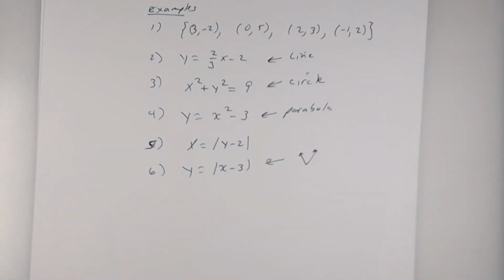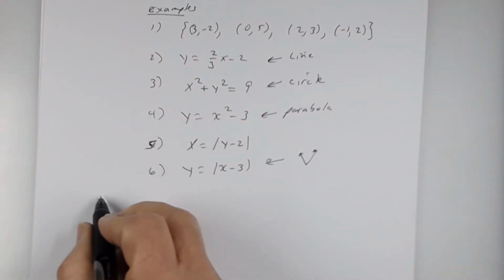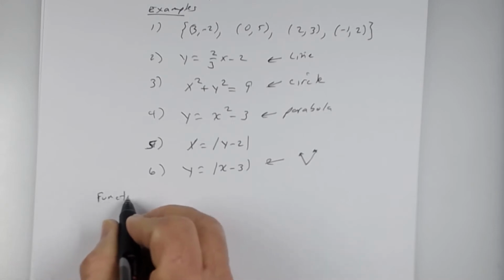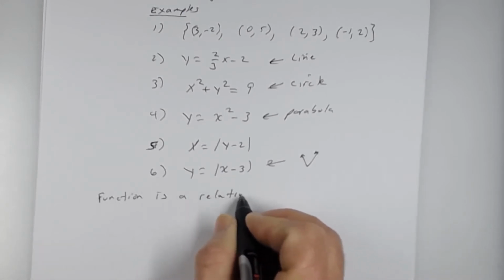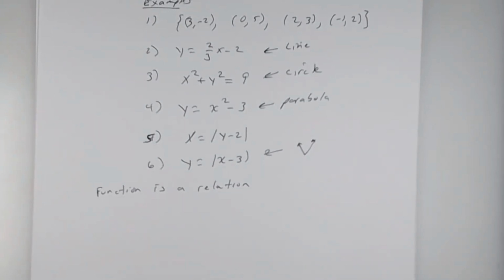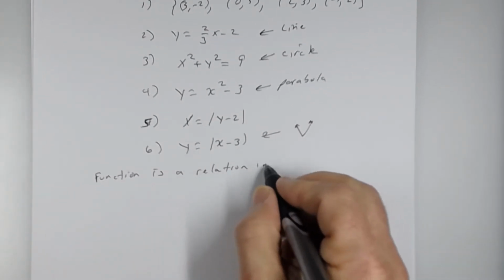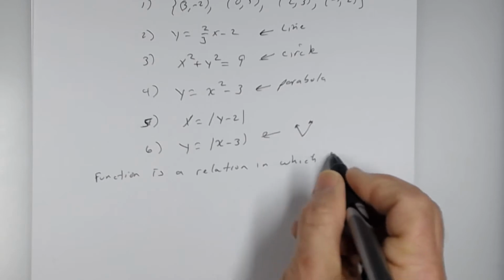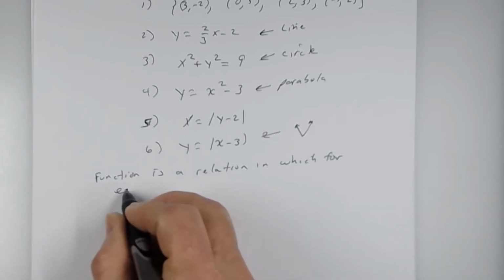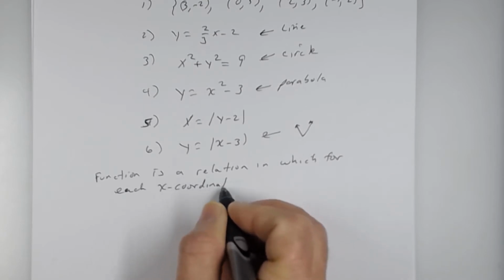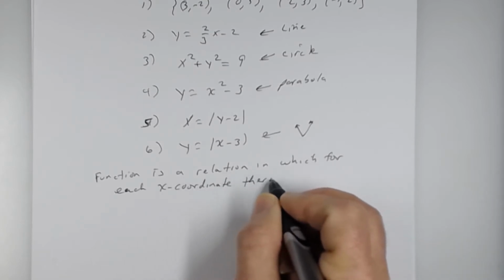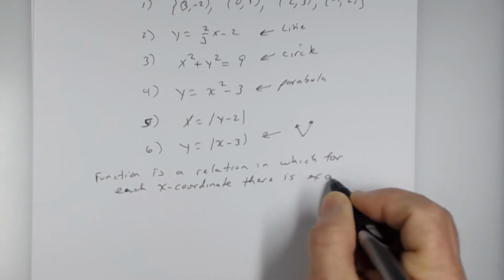But not all of them are functions. So let's talk about a function. A function is a relation. A function is a relation in which for each x coordinate there is exactly, and you remember the rest of this?